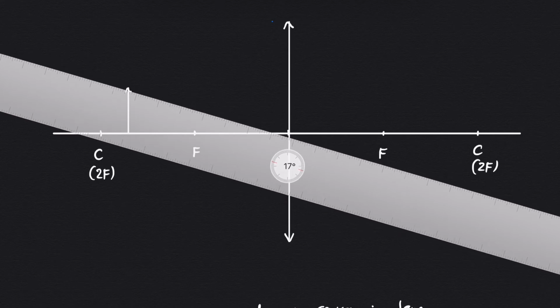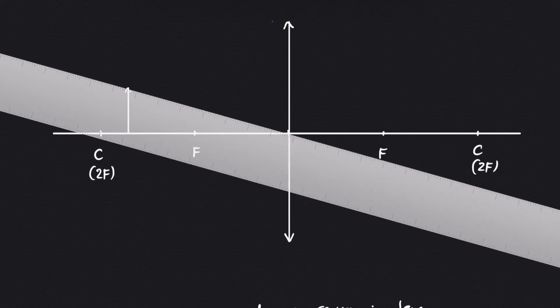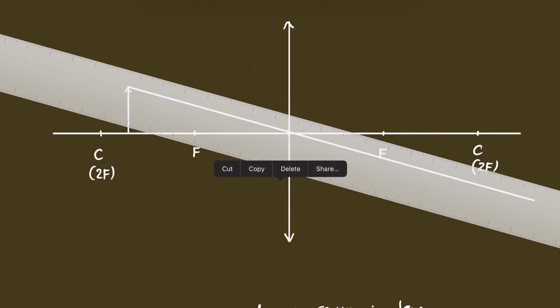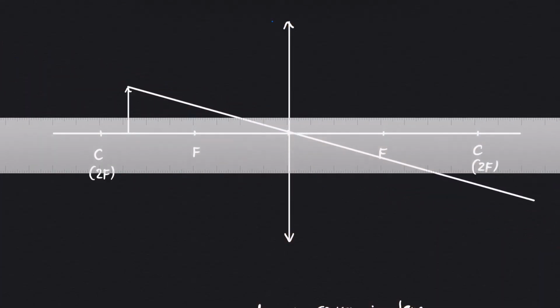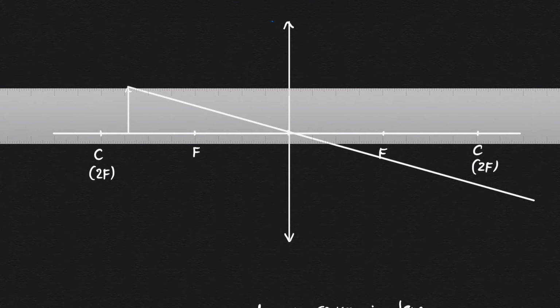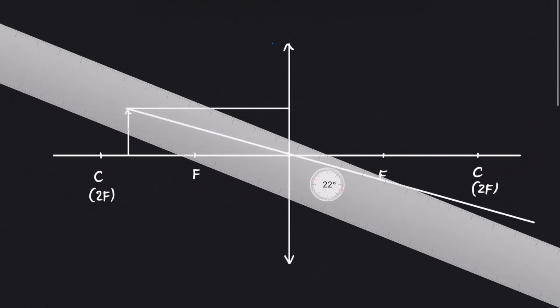So this is the top edge and the ray center, and pass a line that passes through both the points. Next ray, draw a parallel line from the top edge until the lens and draw a line from there passing through the focus.